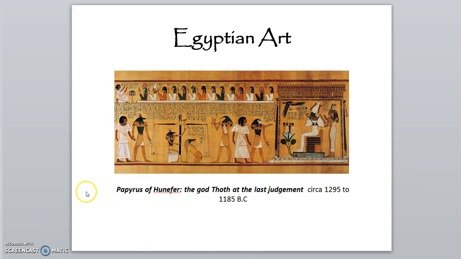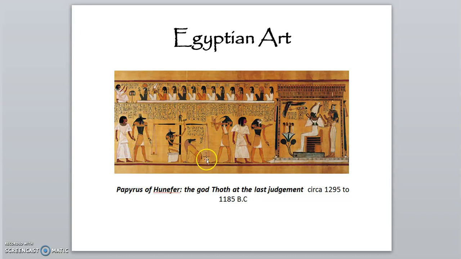Of course, in Egyptian art, this is one of the more famous drawings, and this is not in the textbook, but I wanted to include it because it shows that the Egyptian society had elites that could understand the more abstract language here, but you also communicated in pictograph or hieroglyphics. So this is the famous Last Judgment, and you can see the dead man's soul is being led through the underworld.